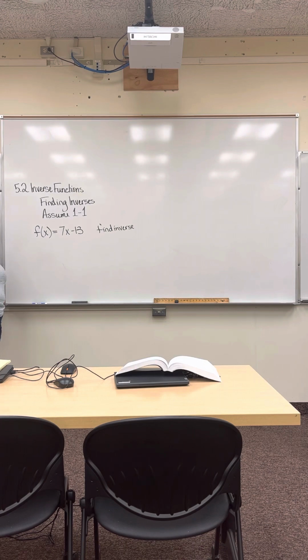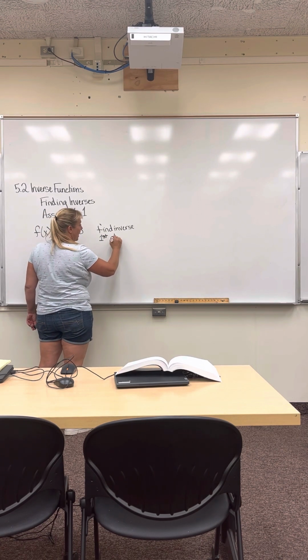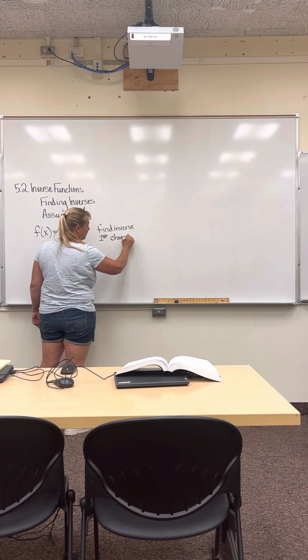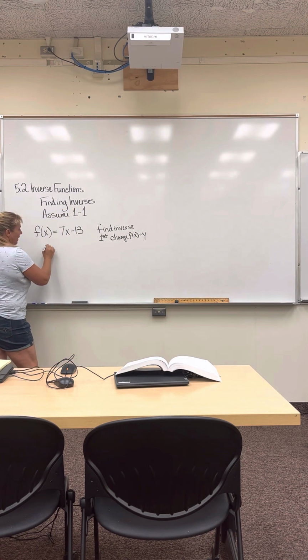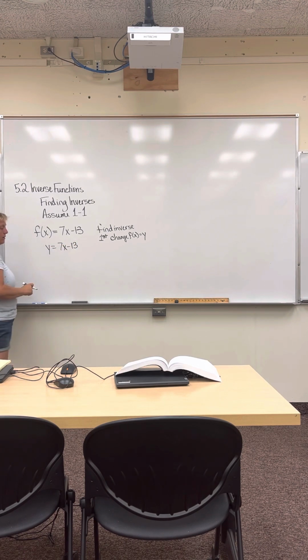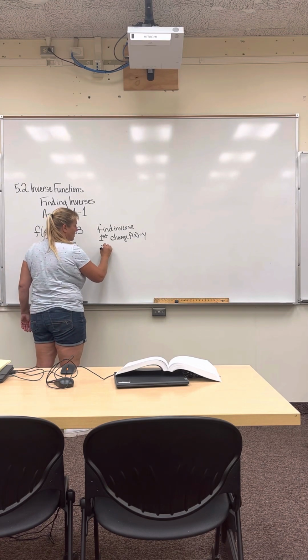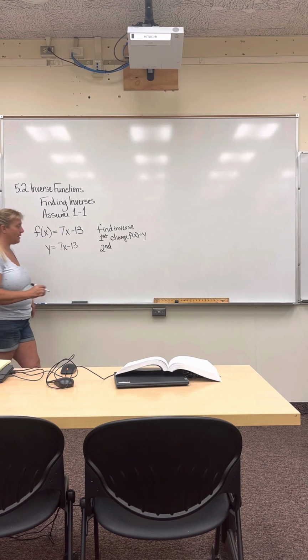So this is just a couple steps that you have to do, and once you go through the steps, it should be pretty straightforward. So the first thing that we're going to do is change f of x to y. So we're going to rewrite this as y equals 7x minus 13. The second thing is that we are going to flip the x and y.